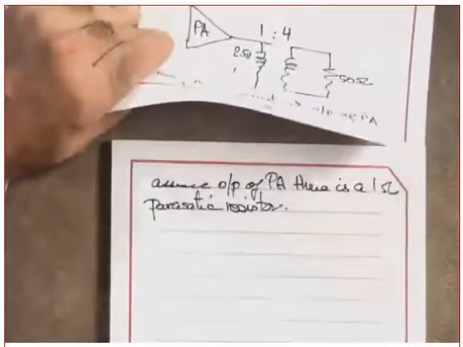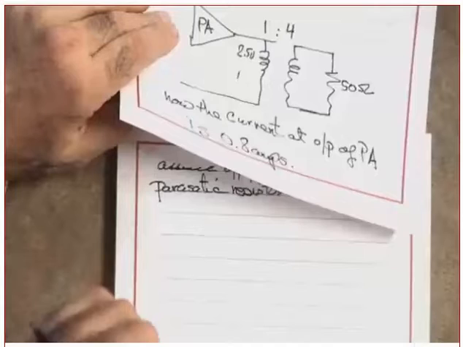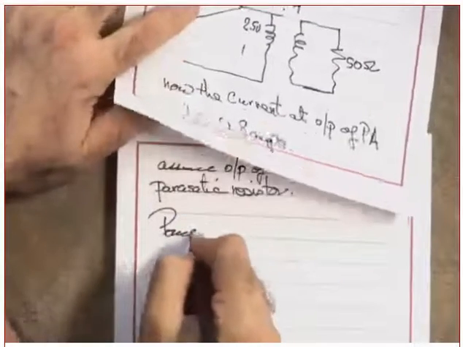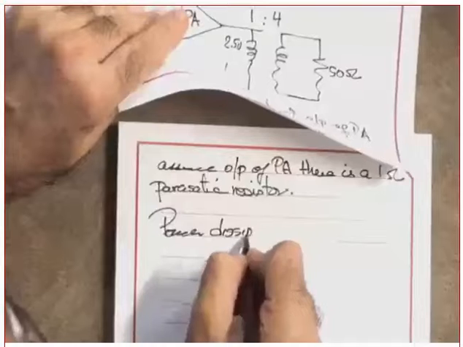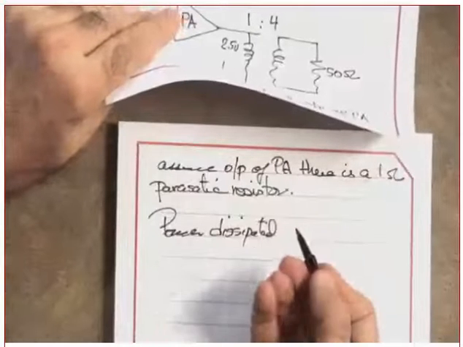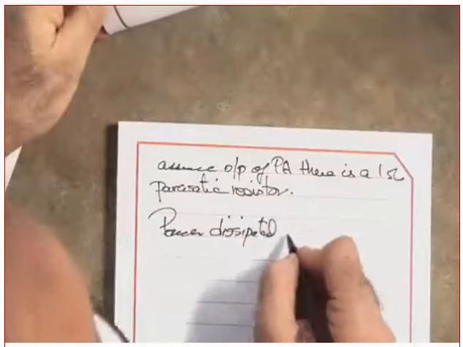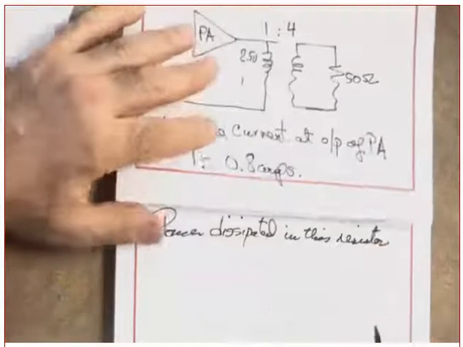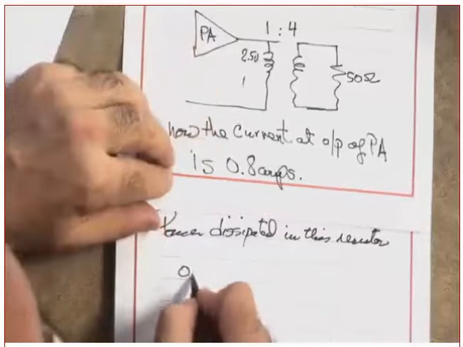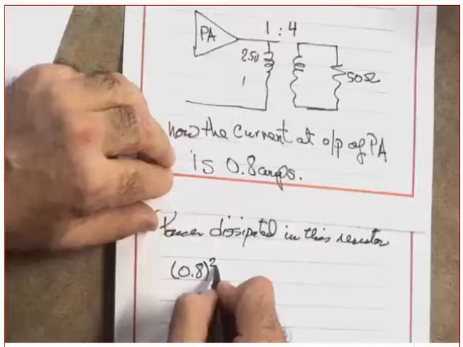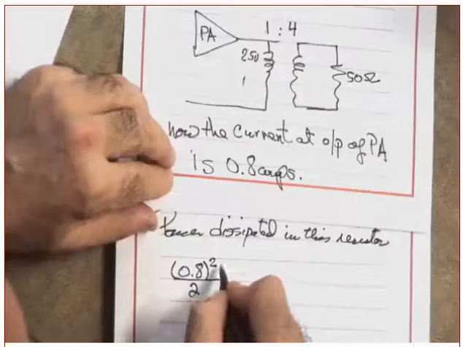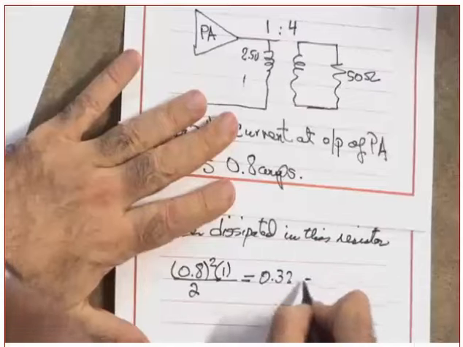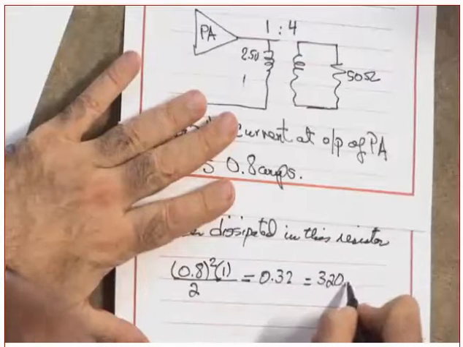How much power will be dissipated in this resistor? The power dissipated is 0.8 squared over 2 times 1, which is 0.32, which means 32 milliwatt.